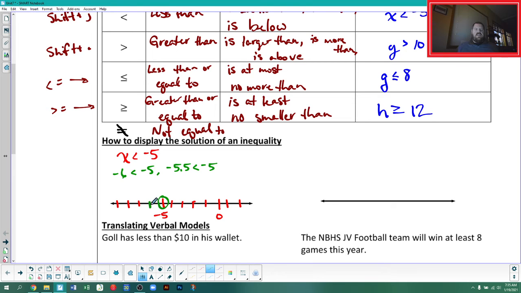This is -6. -5.5 is right here, but hey, even -5.000001 would be less than -5. So I want to shade all this stuff on the number line. And then it keeps going. So I'm going to draw an arrow here and actually fill that in as well. Sorry, but the filling in doesn't work too good with this pen, but that's okay. Okay, just trying to make it clear.